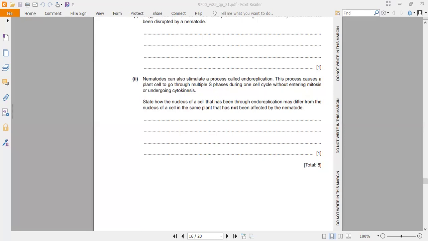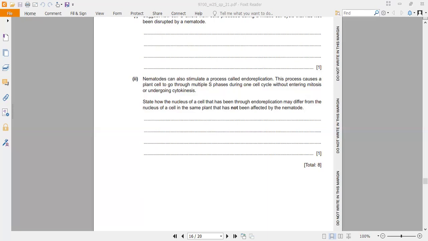If a cell goes through multiple S phases but no mitosis or cytokinesis, it is essentially duplicating its genetic material over and over again without ever handing it off to a new cell. So there will be increased DNA, more DNA compared to a normal diploid cell. It will have the larger size.